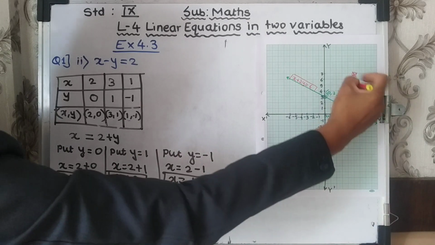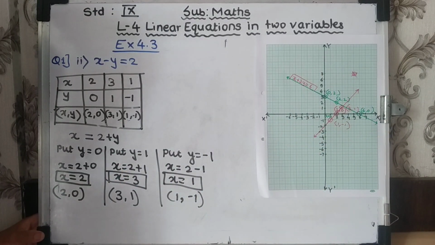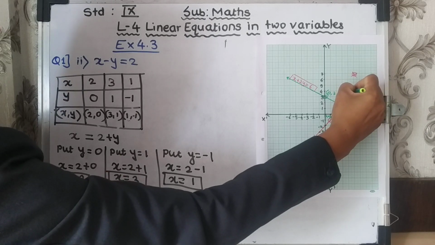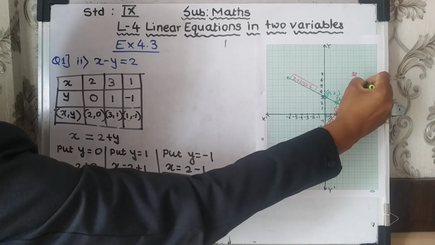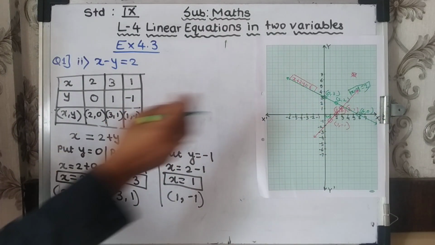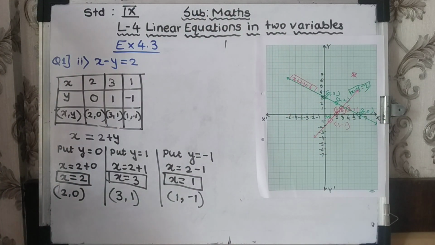You just write it down with the pencil only: x minus y is equal to 2. This is the equation for this line. So we have got the straight line. Understood?